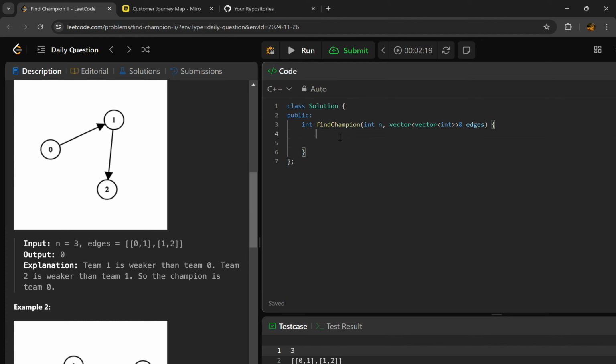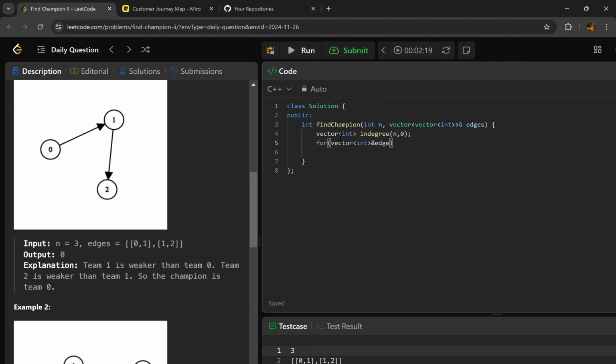Okay, so in this case, first of all, we have to take an in degree vector. For that, we have to write vector int and in degree of size n, initialized to 0. Also now we have to take a for loop over the vector of integer, as we have to take the edges also.